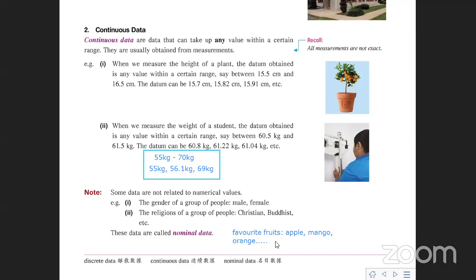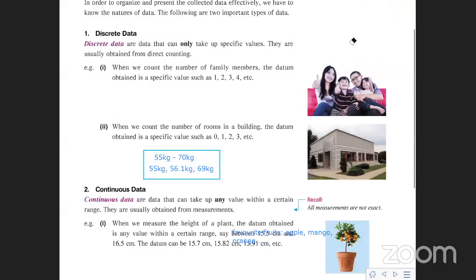Now, in your curriculum, first of all you need to identify these two. It means I will give you some data and then you need to know whether it is discrete or whether it is continuous.